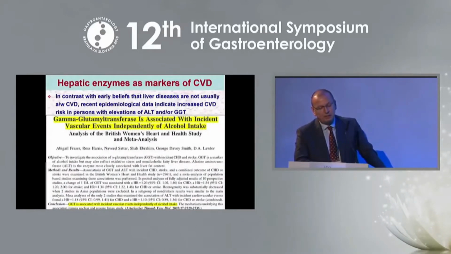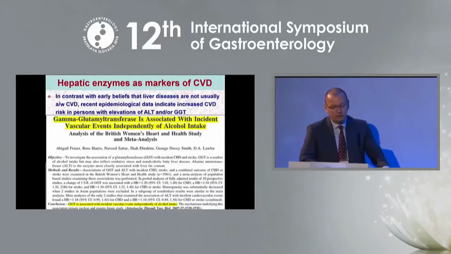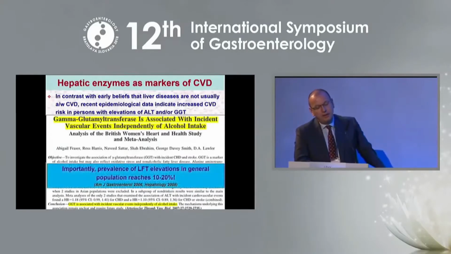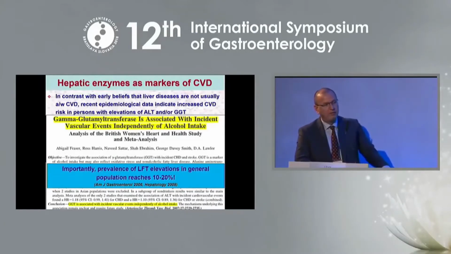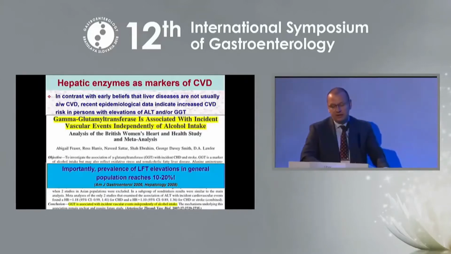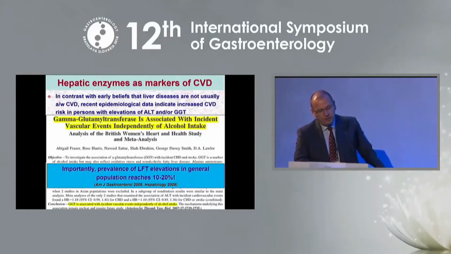And it's not true only for ALT, but also for GGT. What is important to emphasize is that the prevalence of elevations of liver function tests in general populations reaches as high as 10 to 20%.